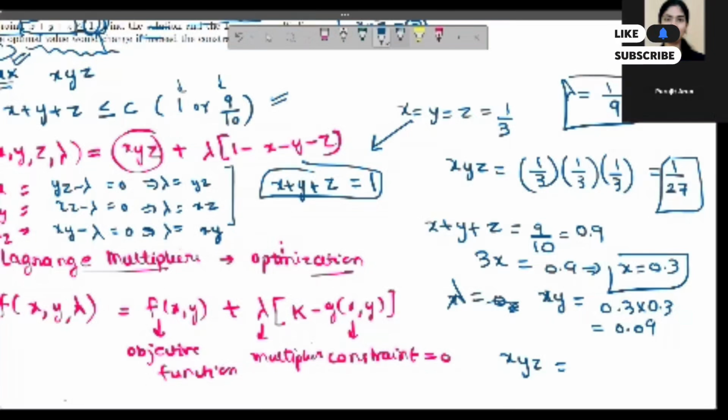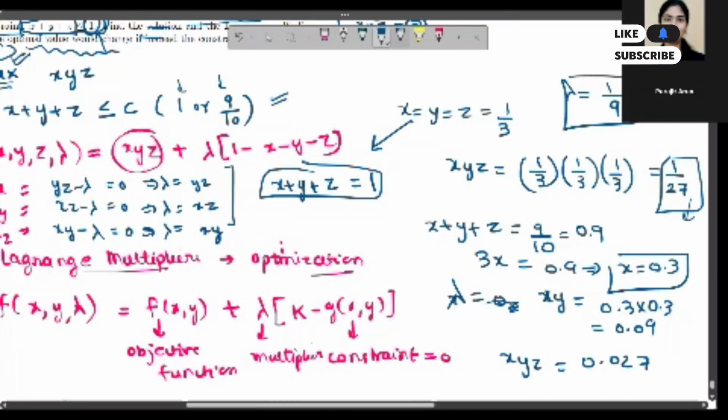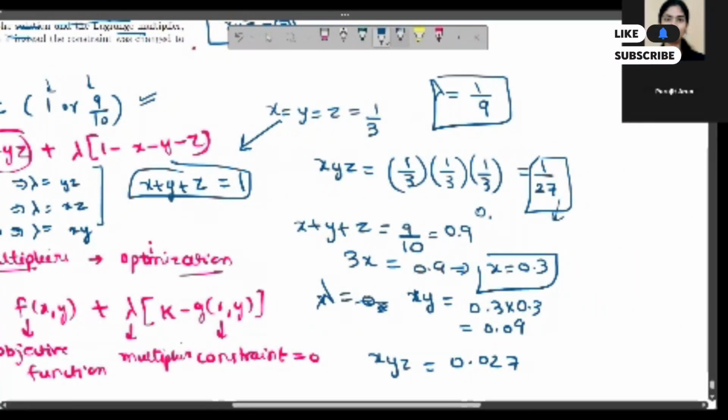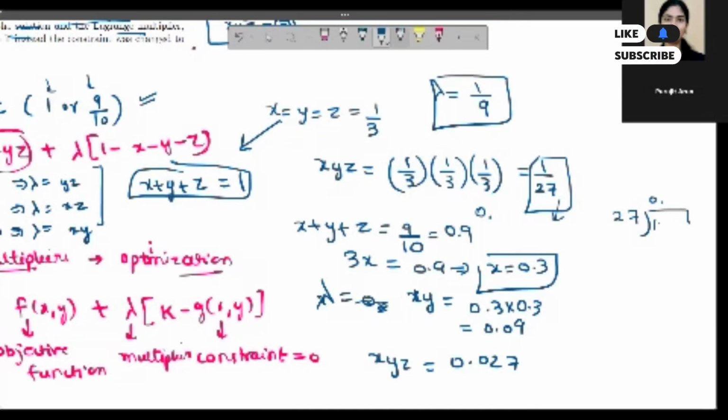Ma'am, it's 0.027. So tell me, this is 1 over 27. Is it decreasing or increasing? You can use a calculator. Ma'am, it's 1 second.